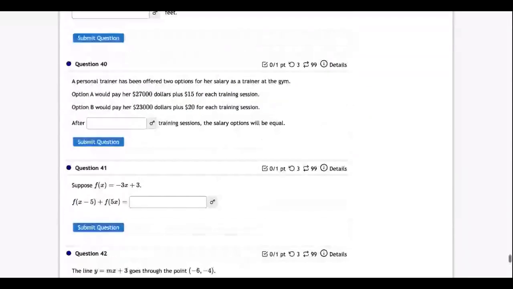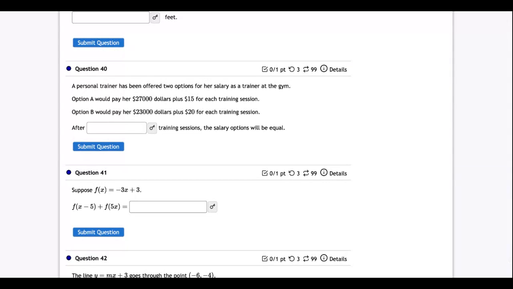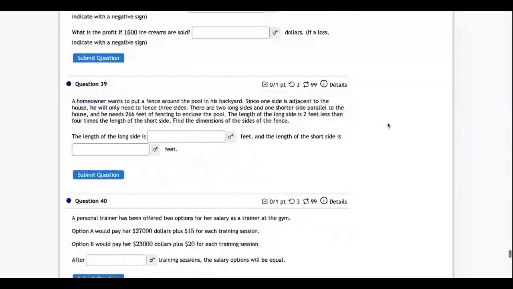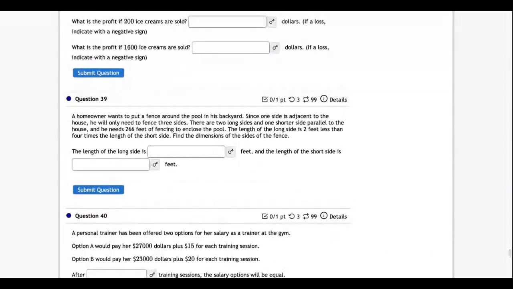Does anyone have any other questions? So I guess all of you are ready to take the exam then. There are 31 of us here, so 30 of you.